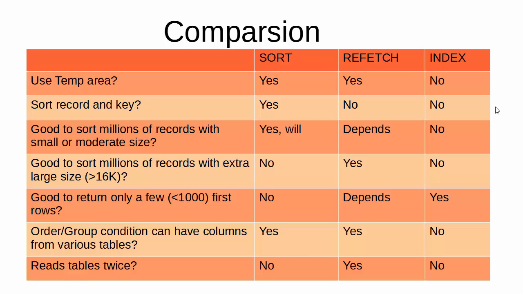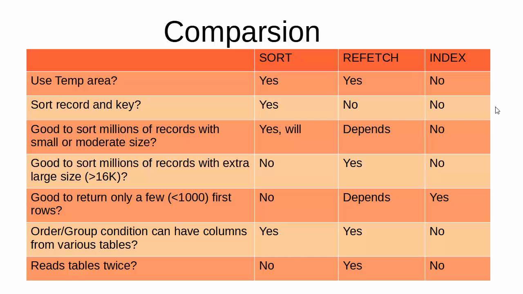So is it good to return only a small number of first rows? Sort, no. Refetch depends, and index, yes, it's the best way. Can the order or group condition have columns from various tables? Sort, yes. Refetch, yes.